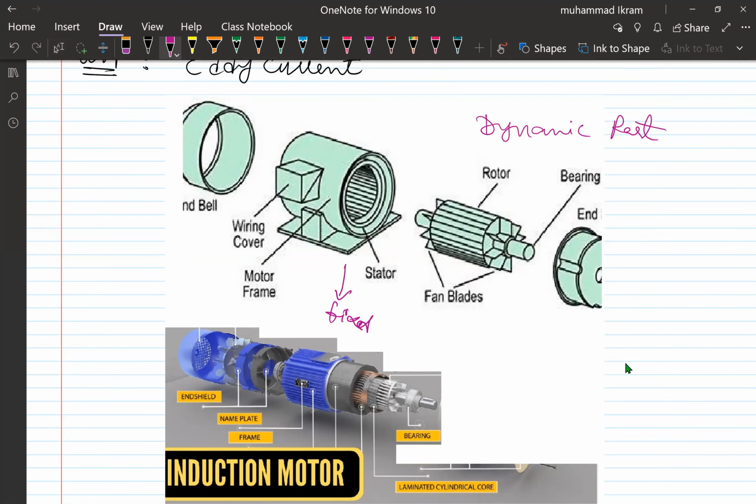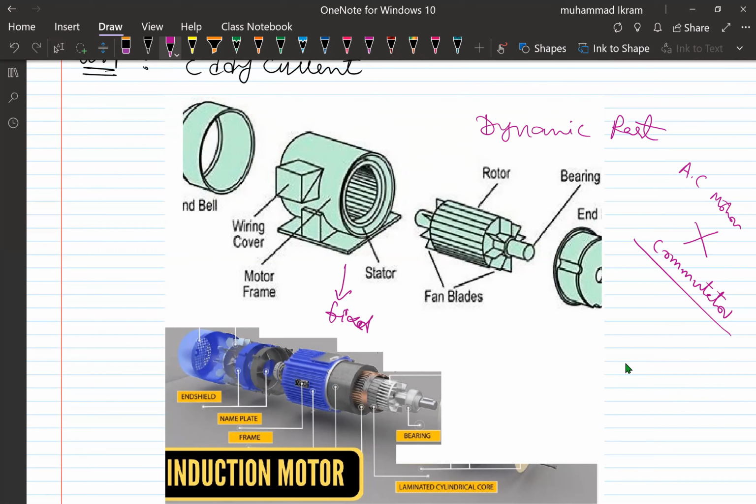Now, look, this is better than the DC motor for two reasons. First, the current passes through the motor without a commutator. There is no commutator or copper split rings in the AC motor or induction motor.